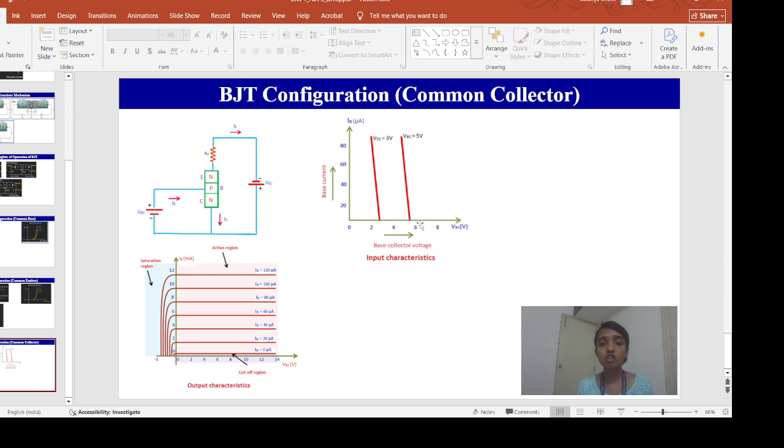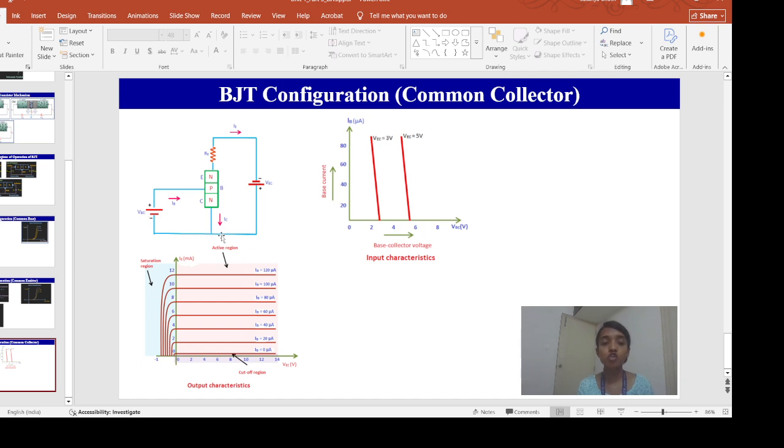Here also we can see as we keep on increasing the input voltage VBC, we will get different values of IB current, and if you keep on increasing the output voltage VEC, you will get this kind of graph. Your IB will keep on increasing.